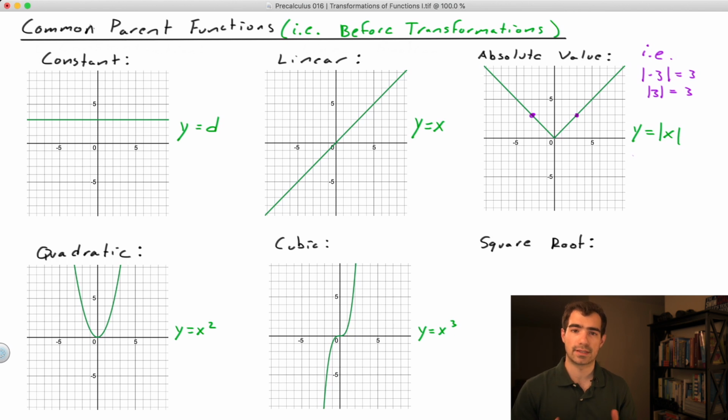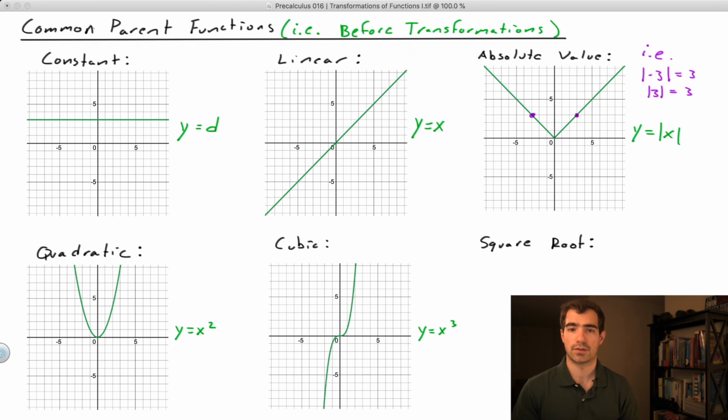These look sort of the same as the x squared, except on the right-hand side of the y-axis, it curves up, but on the left-hand side of the y-axis, it curves down. This is because anytime you square a negative number, it becomes positive, like we see on the quadratic graph, but anytime you cube a negative number, it becomes negative, like we see on the cubic graph.